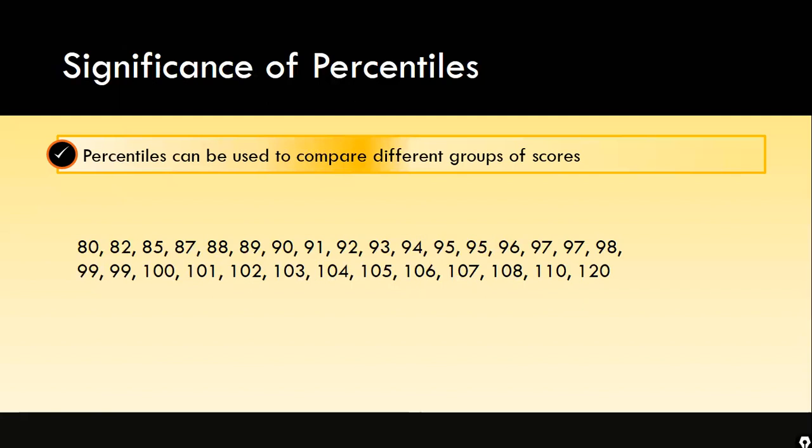Now let us find the percentile for a specific value. Let's take, for example, 95. Two values are there, 95. We want to find out the relative standing of this 95 compared to other values in this data set.